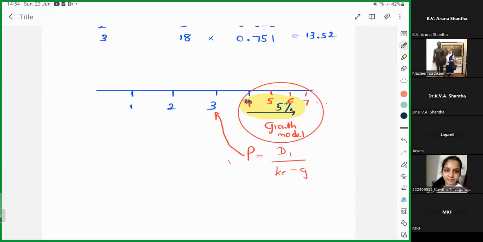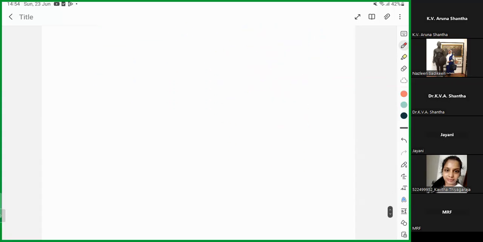Have you got the point? Now let's look at the previous example. This is a very important point. In the previous example, you assumed the dividend grows by 19% from now onwards. Today is 0. From the first year onwards, the dividend grows by 19%.